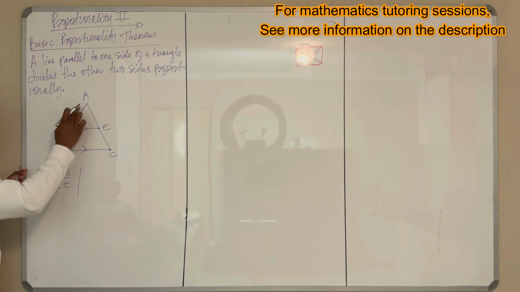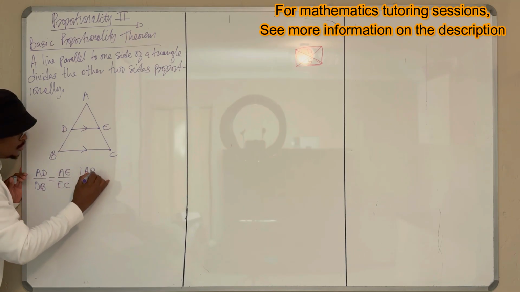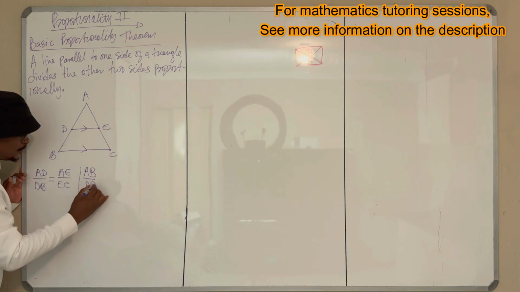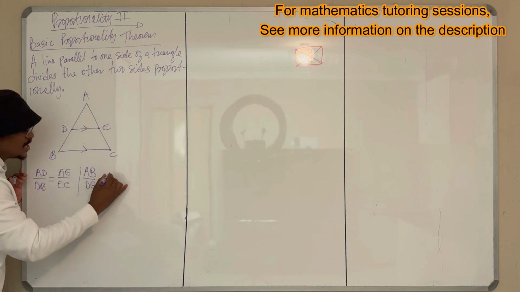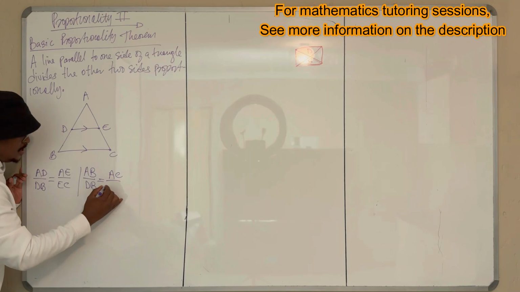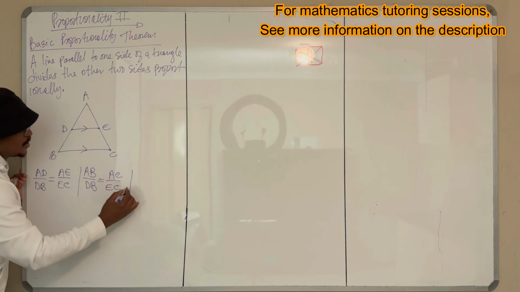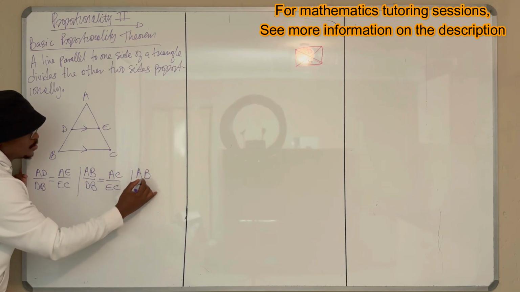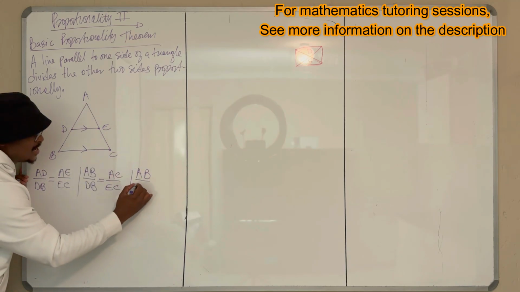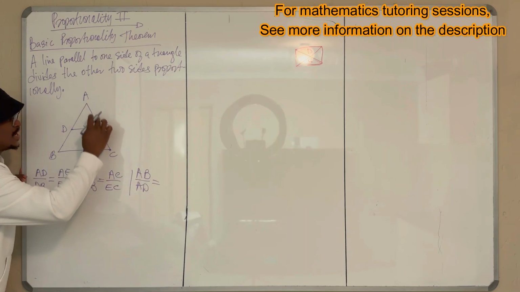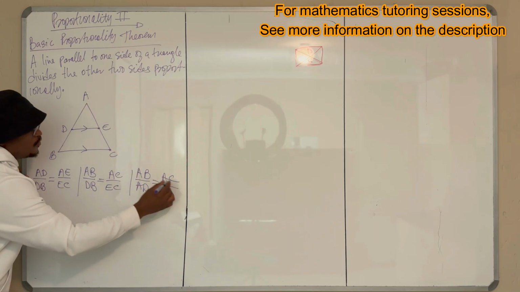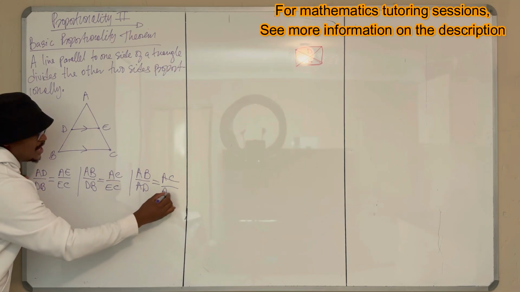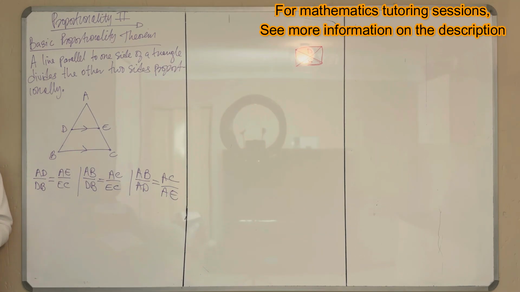Or you can say the entire side AB over the lower part DB should be equal to the entire side AC over the lower part EC. Or you can say the entire side AB over the top part AD is equal to the entire side AC over the top part AE, as long as you take the ratios of the same parts.